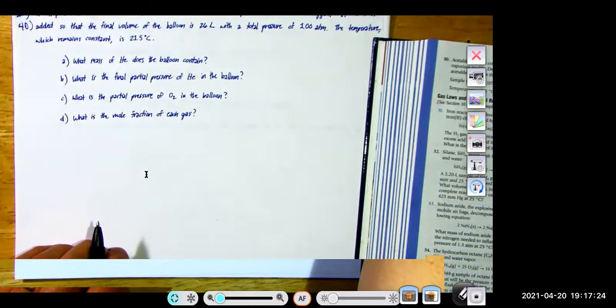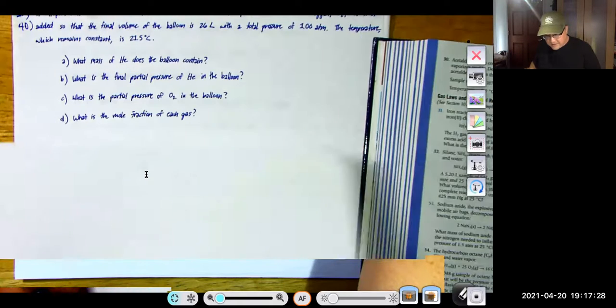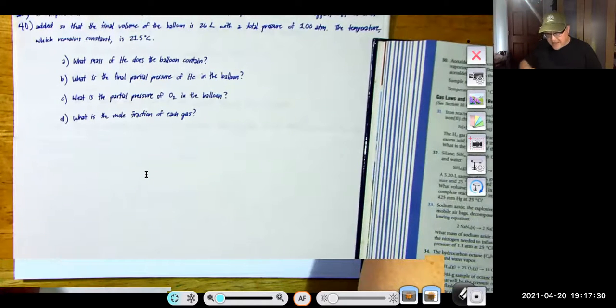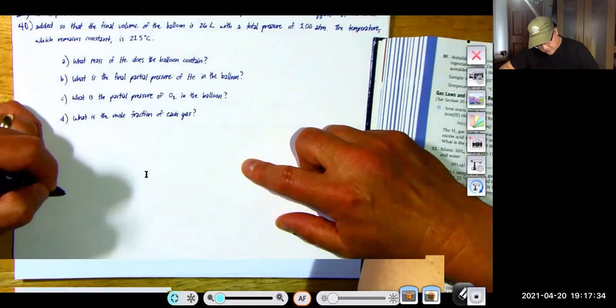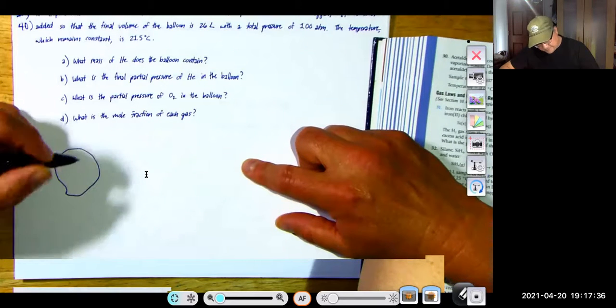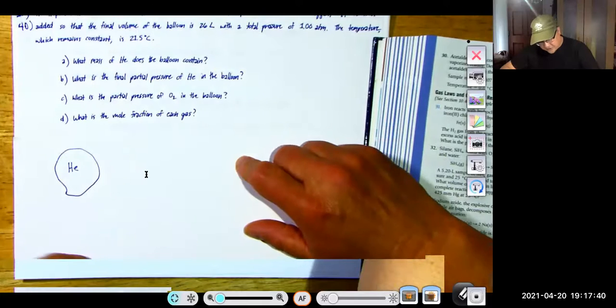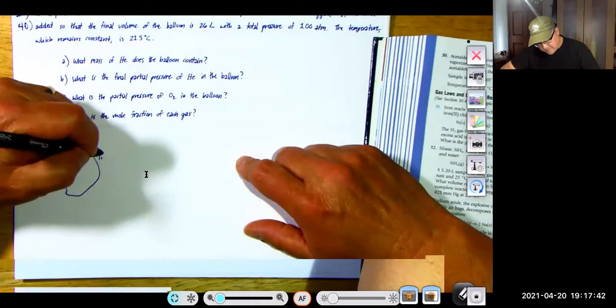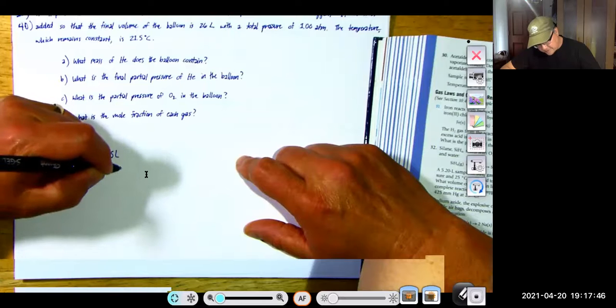A collapsed balloon is filled with helium to a volume of 12.5 liters at a pressure of 1 atmosphere. So here we've got the balloon of helium. And the total pressure is 1 atmosphere. And it's 12.5 liters and 1.00 atmospheres.